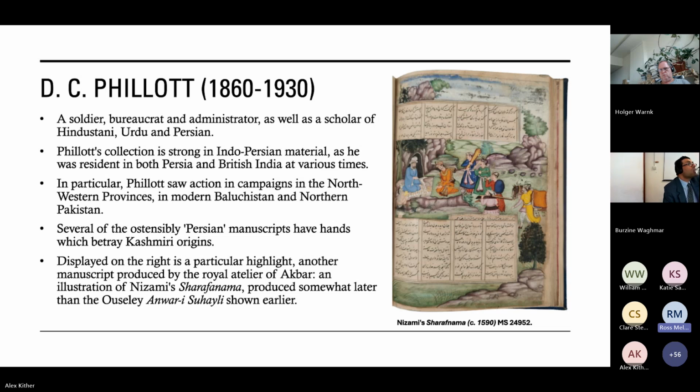And I've displayed on the right here a particular highlight, another manuscript produced by the Royal Atelier of Emperor Akbar, in this case an illustration of Nizami's Sharafnameh, which was produced somewhat later than the Suhaili, and charts another moment in that development of artistic patronage that I mentioned earlier.